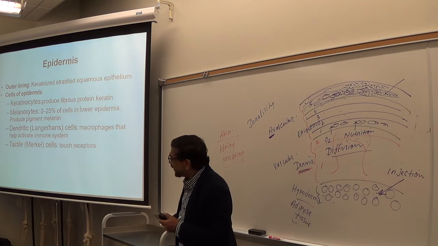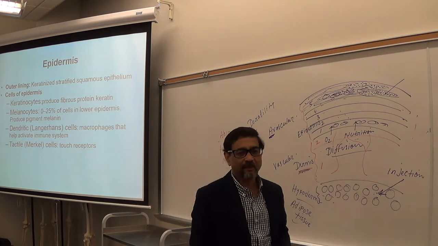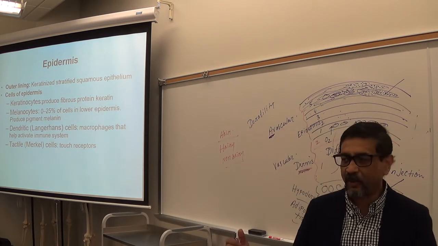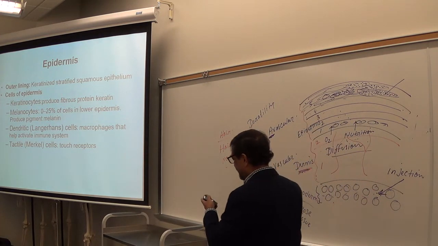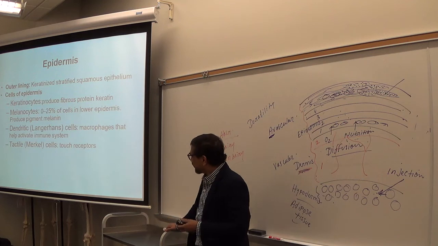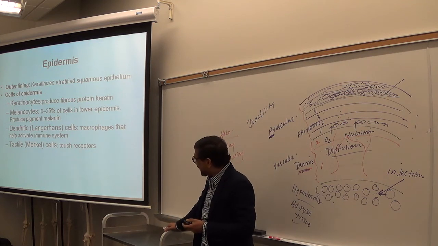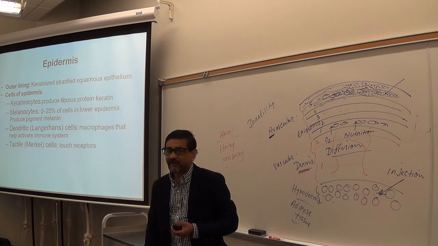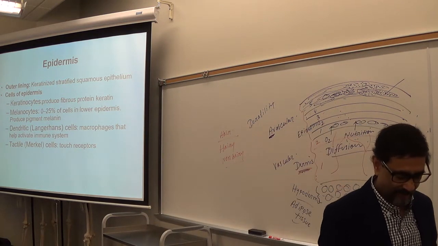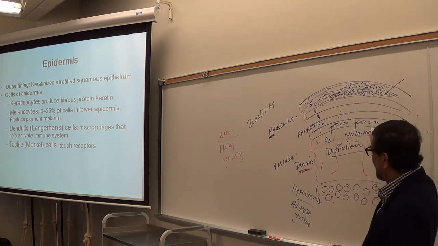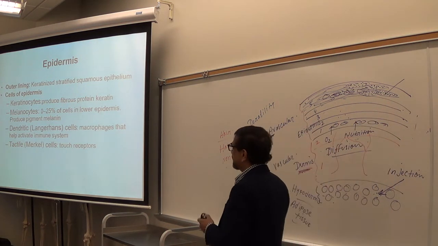Now, dendritic cells. I have already mentioned dendritic cells have phagocytic action. They can engulf. So that is another type of cell. Tactile cells, touch receptor cells. So those are some other cells present in the layers of the skin.